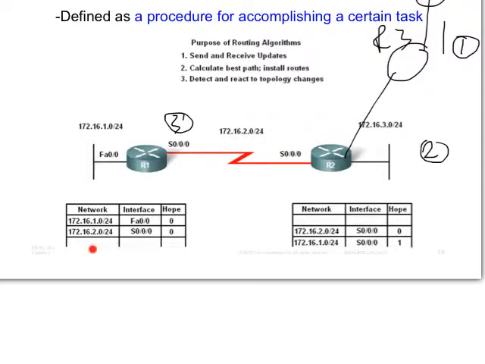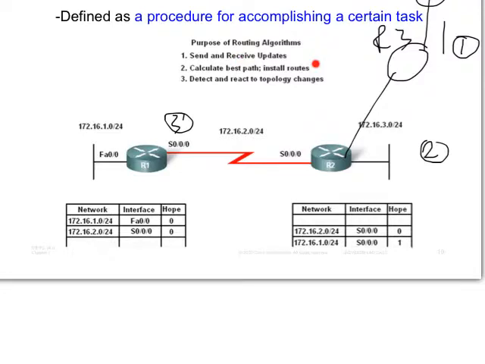But if the new one is giving me a cost which is much more, then I will ignore it and use the one that's existing. So that's how we generate this routing table. And this is done through the algorithm that we talked about.